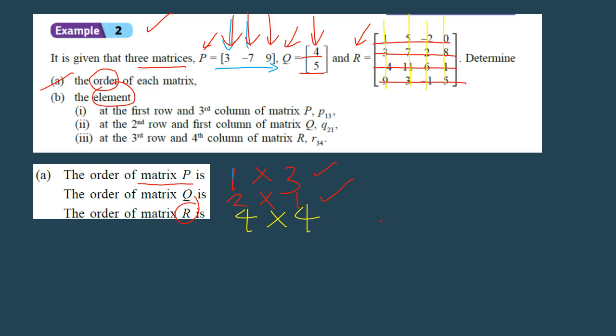So 4 by 4. Okay. So now we go to elements. The first row and third column, it's written as P13. So P13 is, we clear this one first.